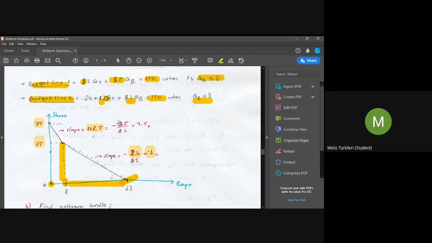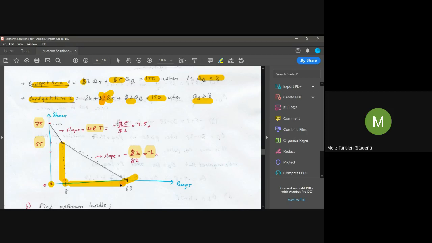Assume that we do not have this part, okay? I try to find this coefficient. I'm trying to show how you can find this coefficient. Since this part is equal to 150, 150 minus this coefficient should be equal to 2 multiplied by 63, because this is the maximum amount of bags we can buy when we do not have any shoes.